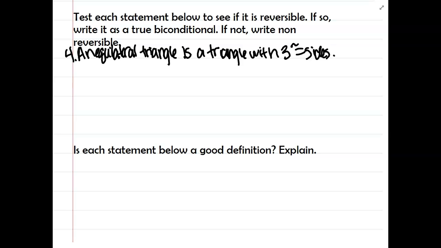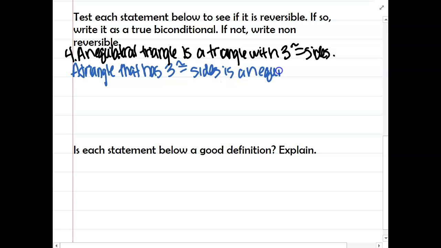So let's say, okay, a triangle that has 3 congruent sides is an equilateral triangle.